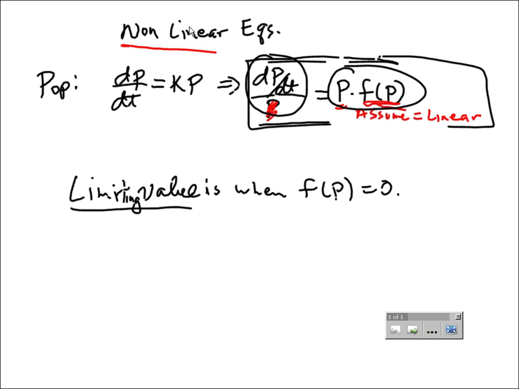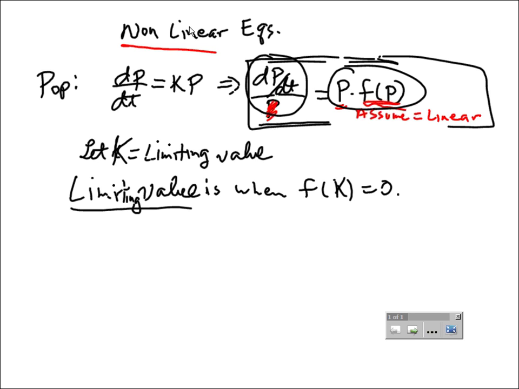Now, suppose that we let k equal the limiting value. So it's going to be that f of k is 0.